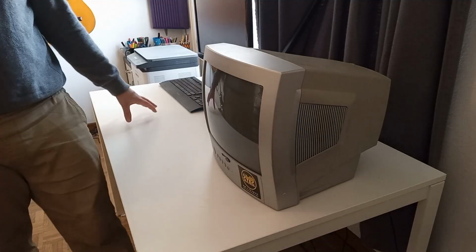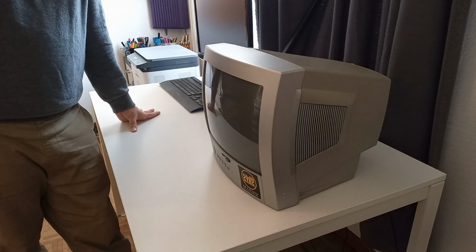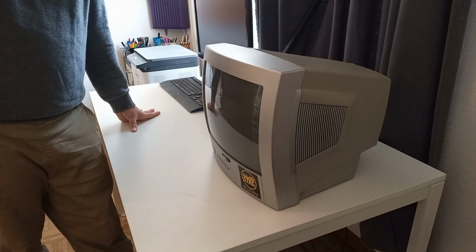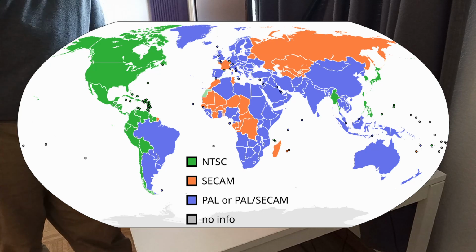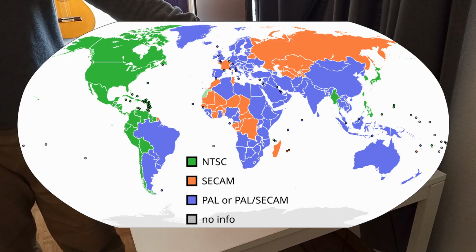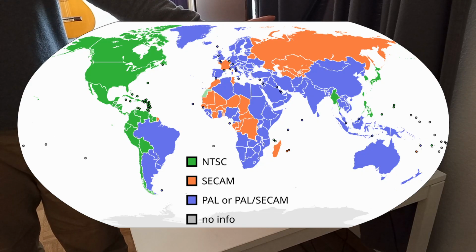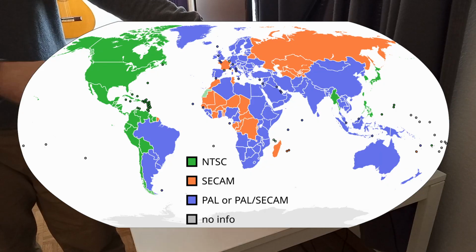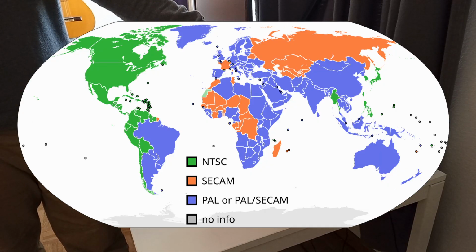Maybe first let's talk about the most obvious thing, NTSC, which is the North American and Japanese standard, which runs on 60 hertz because the outlets run on 60 hertz alternating current.